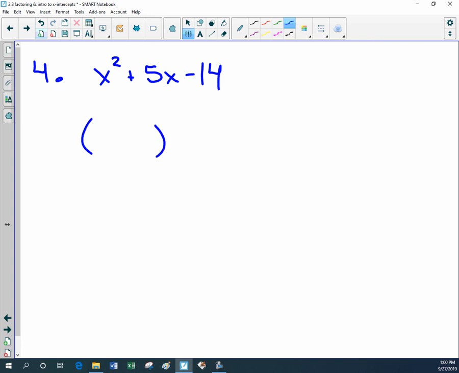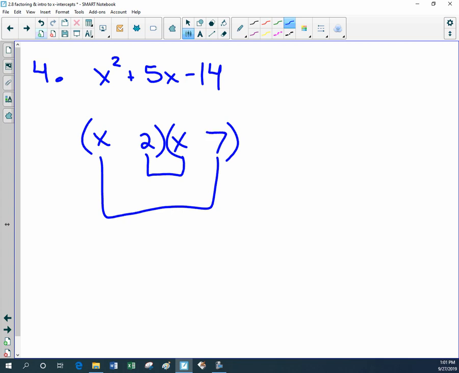So to factor this, factors of x squared, x and x, factors of 14. What's going to give us that middle term of 5x? 1 and 14 or 2 and 7? 2 and 7. Because the last term is negative, because it's a -14, I know the signs are opposite.